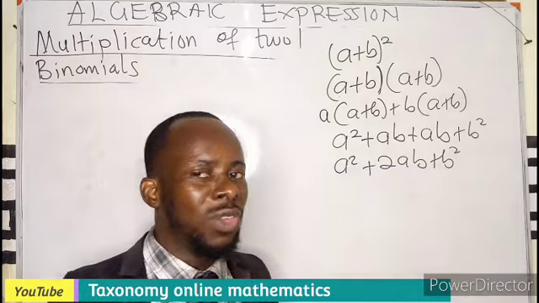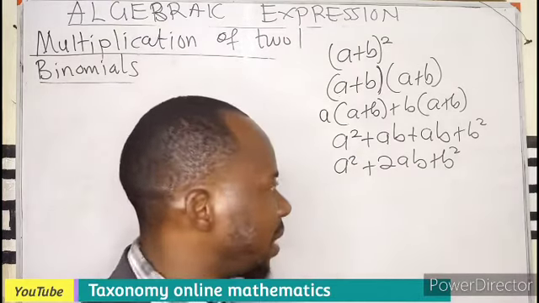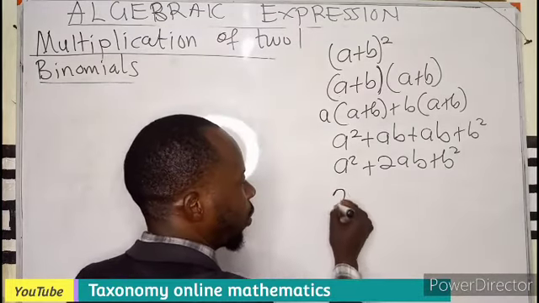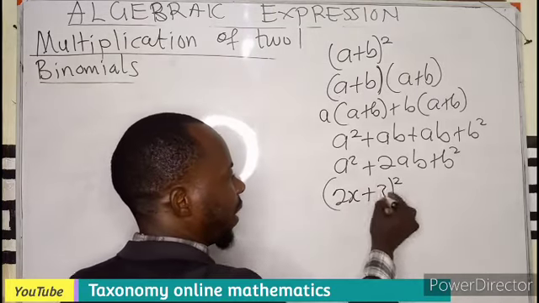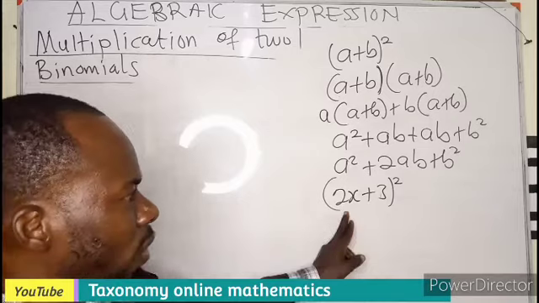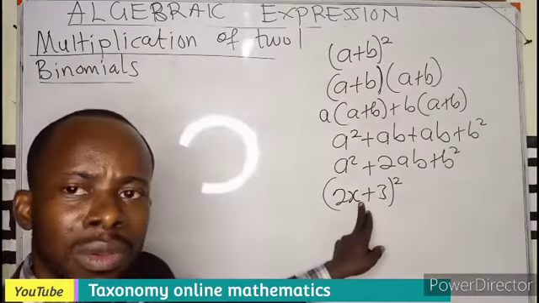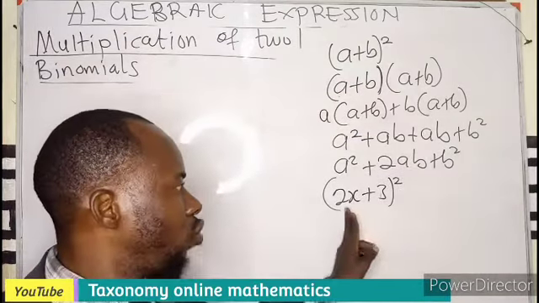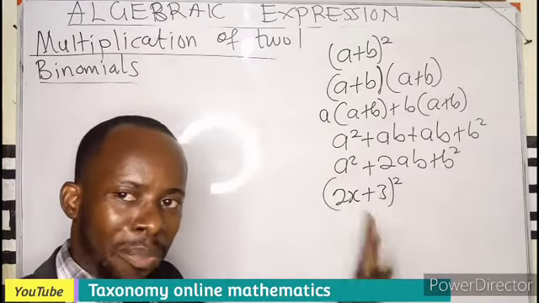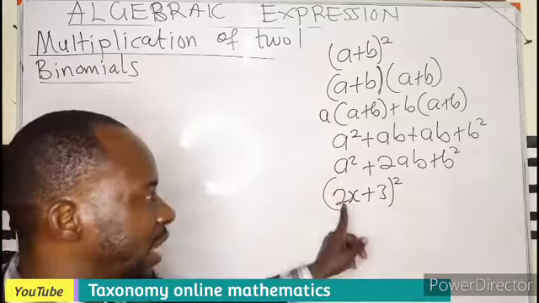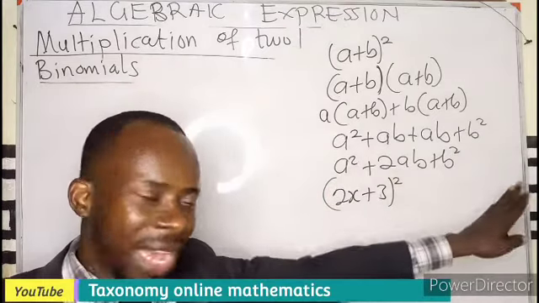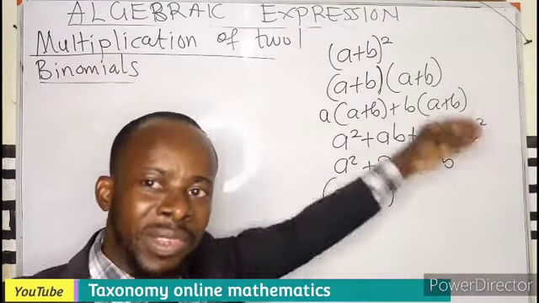But if you want to get your answer off head, let's say I have (2x plus 3) all squared. This also means the bracket multiplying itself: 2x plus 3 in one bracket, 2x plus 3 in another bracket. Then we distribute the 2x over the second bracket, then the 3 also will be distributed.